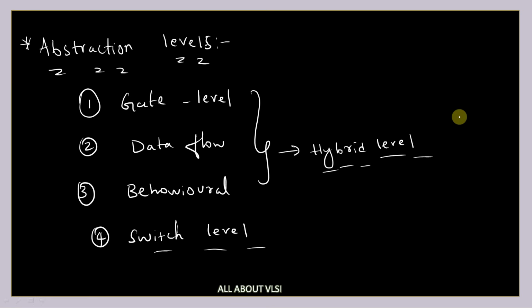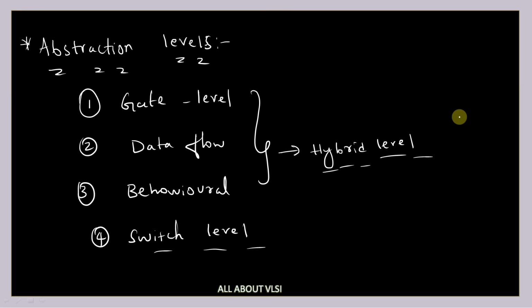You can control all that using gate level modeling. As the name suggests, you are dealing with the gate level, so you can decide what type of gates you need.